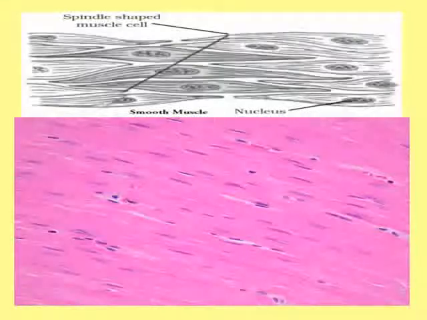The nucleus is present at the center and is large and oval in shape. So the nucleus, as I told you, is at the center. This is the structural difference between skeletal muscle and smooth muscle. Hope the diagram is self-explanatory.